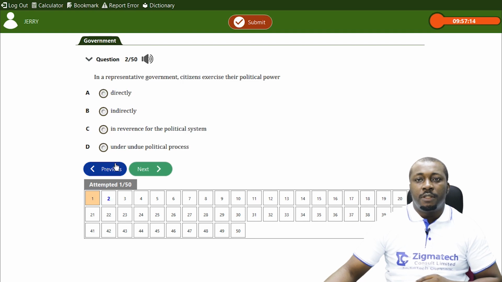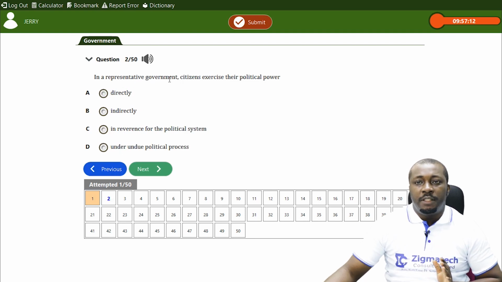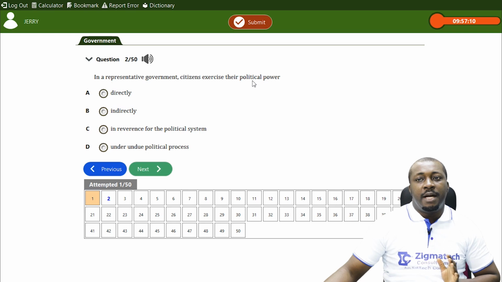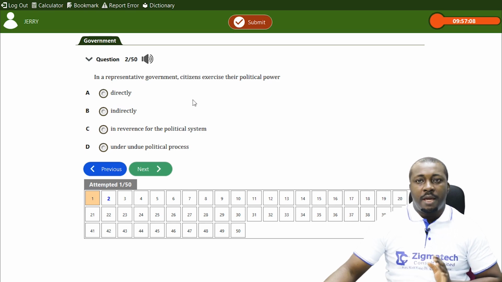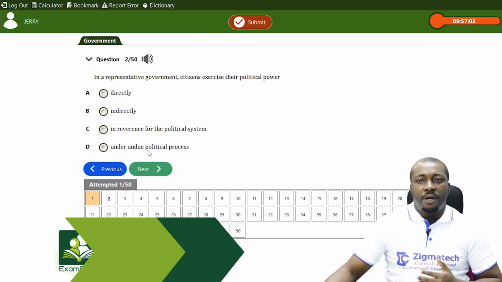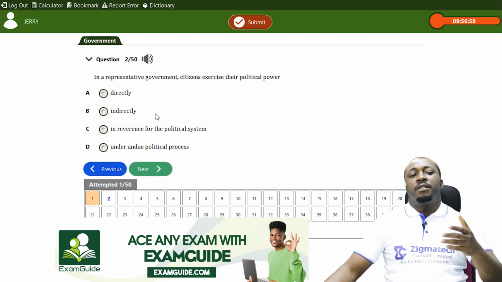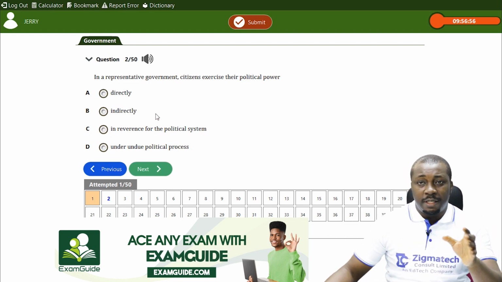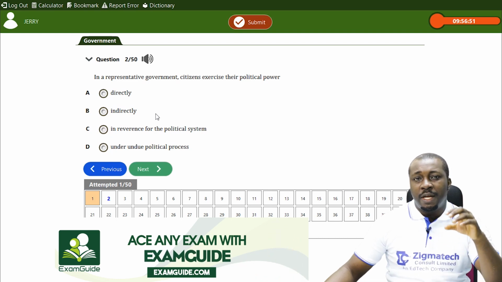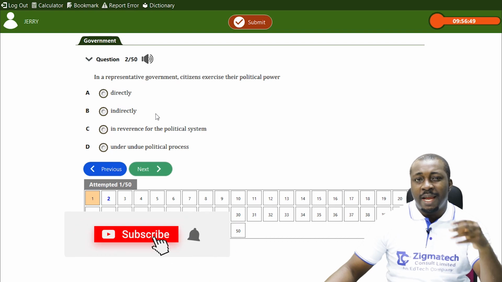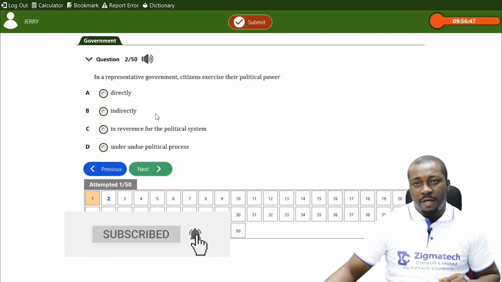Then the next question says, in a representative government, citizens exercise their political power. A, directly. B, indirectly. C, in reverence for the political system. D, under undue political process. Now, remember, representative government is indirect democracy, a form of government based on elected representatives, where elected representatives govern the people.